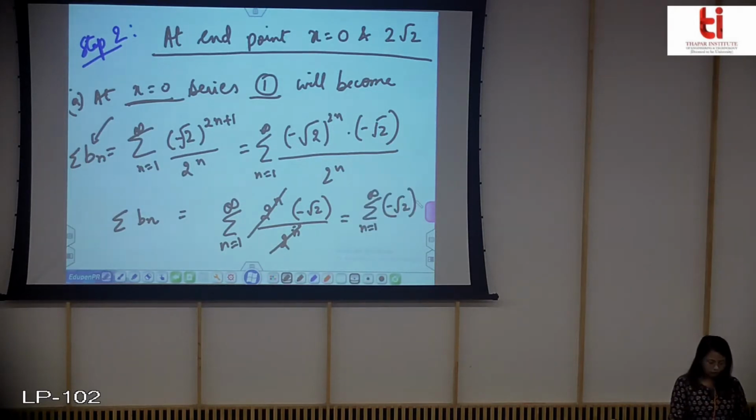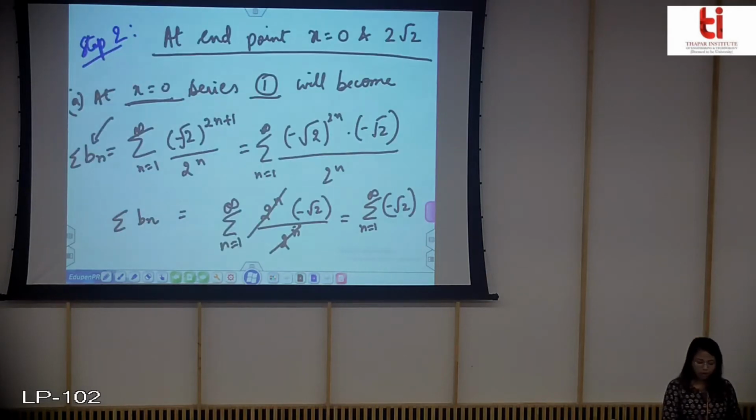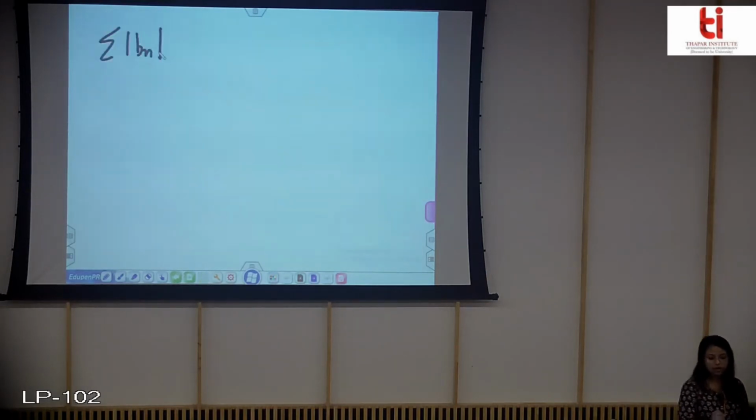summation of this. Okay, now what you can do is apply the nth root test. Suppose that I take mod of Bn so that I can check what will happen to the series absolutely. So my mod of Bn will be equal to this.